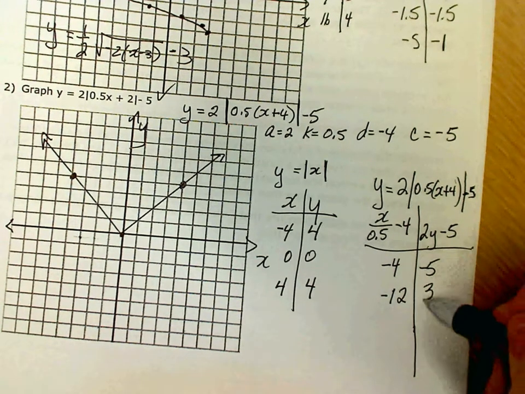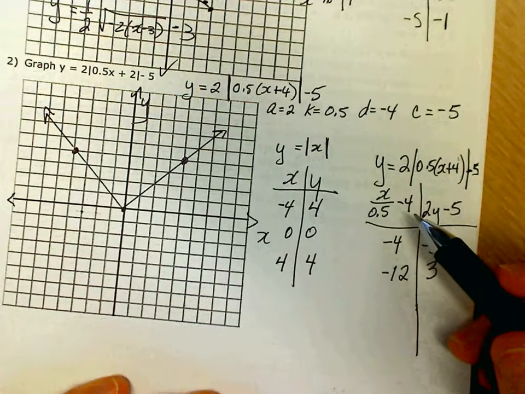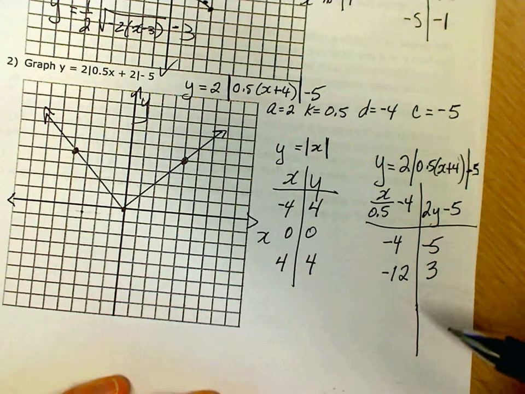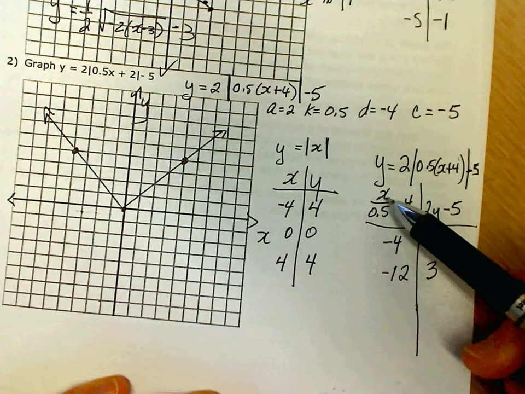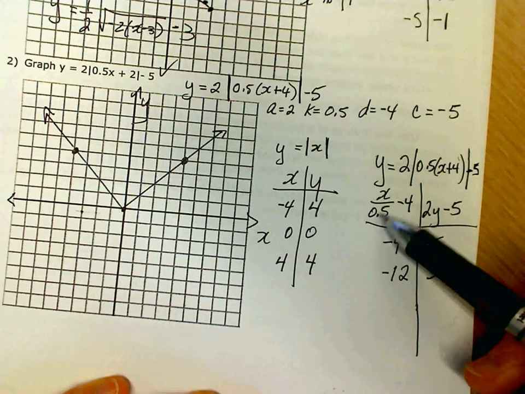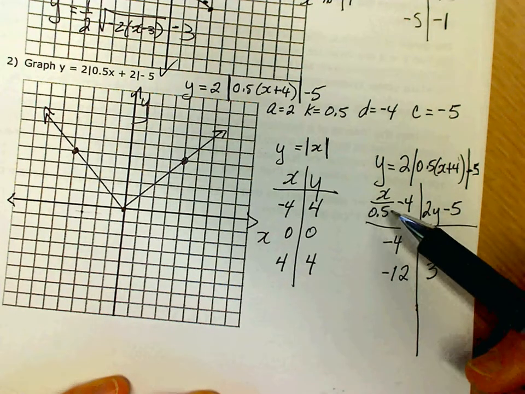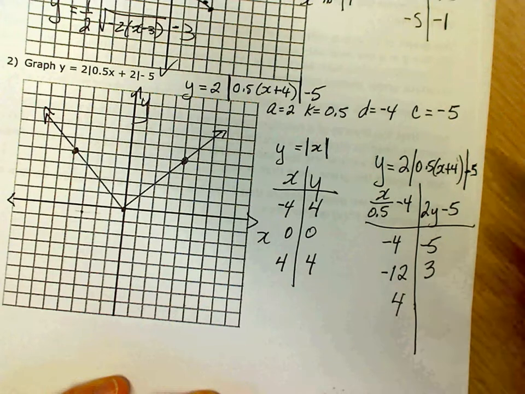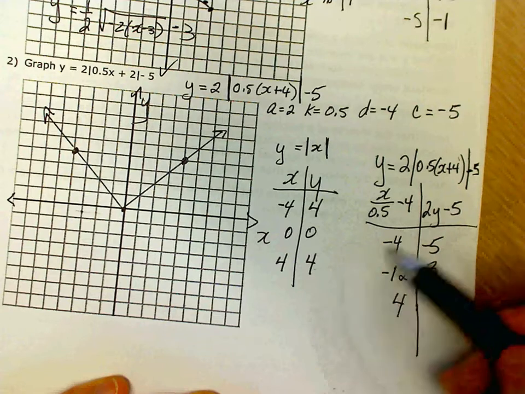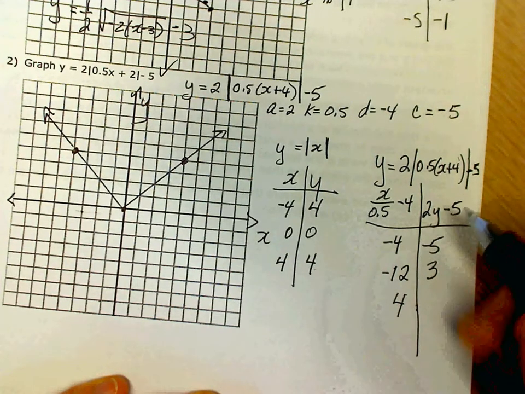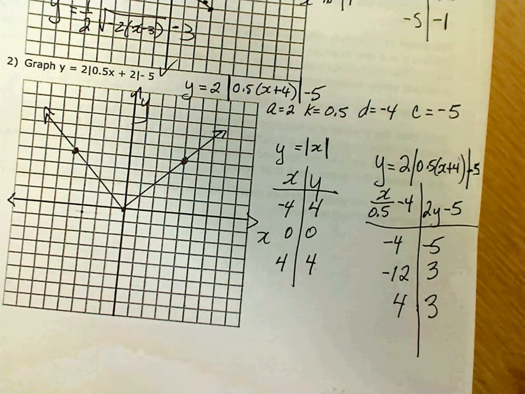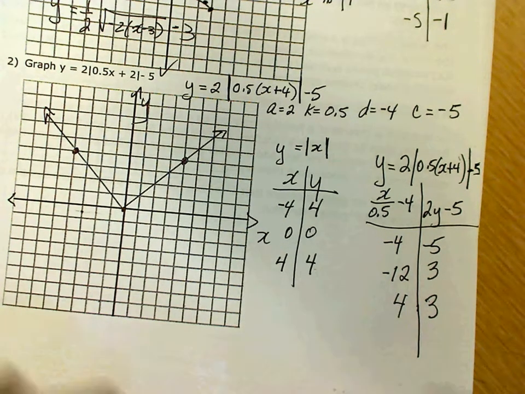Let's see, 0, 0 is actually our negative 4, negative 5. And positive 4, that one should work. 4 divided by 0.5 is 8, 8 minus 4 is 4. 2 times 4 is 8, 8 minus 5 is 3. So we have 4, 3. We need another point because that's going to go off the graph.